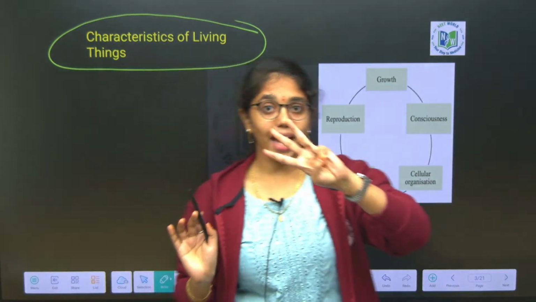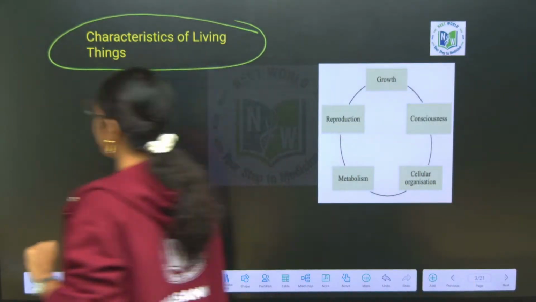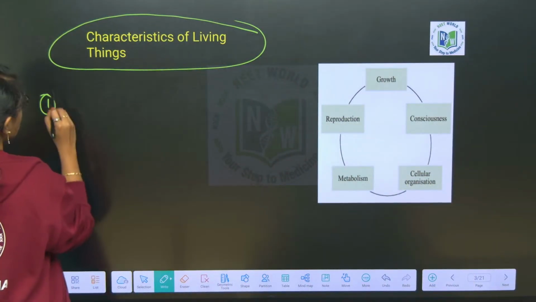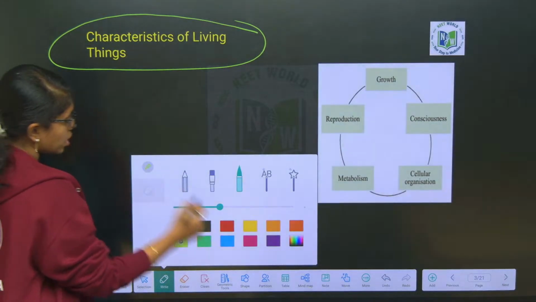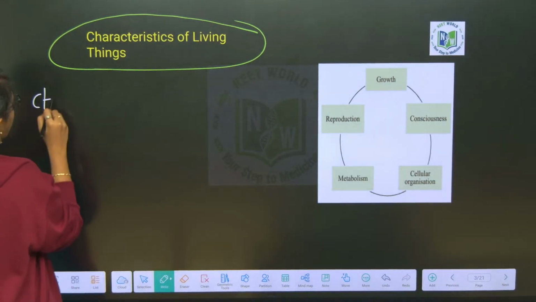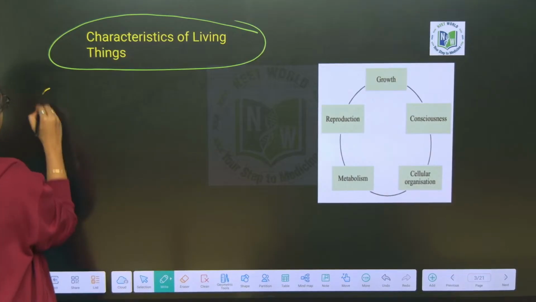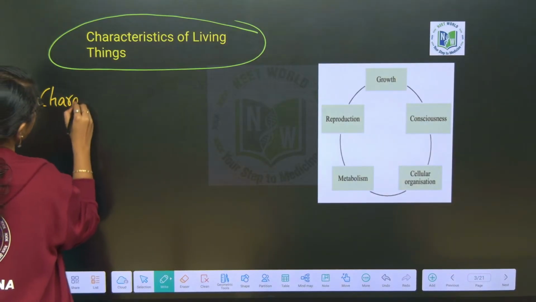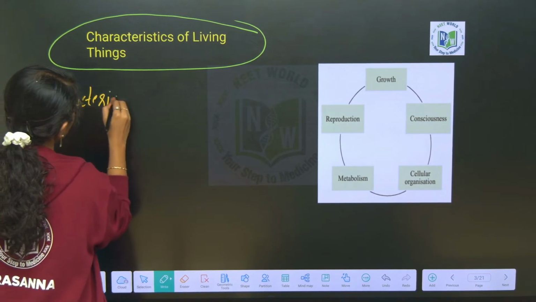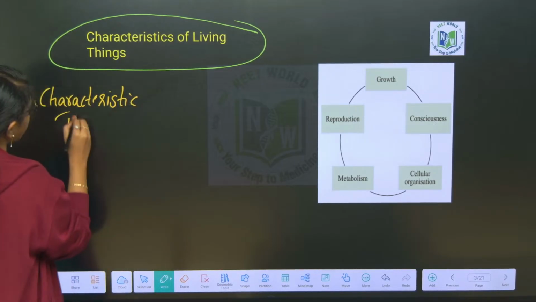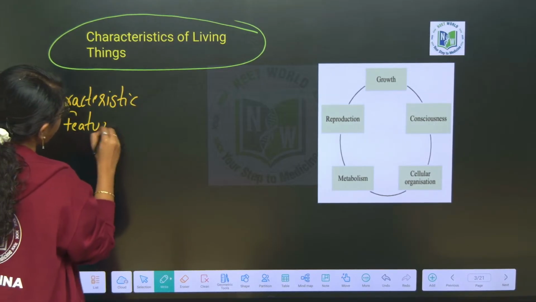We have 3 characteristic features of the living. First we will look into the characteristic features and defining features.